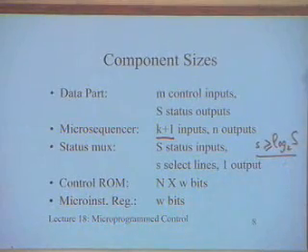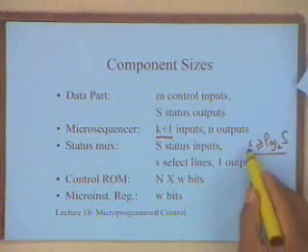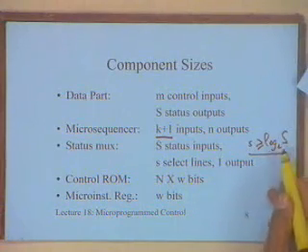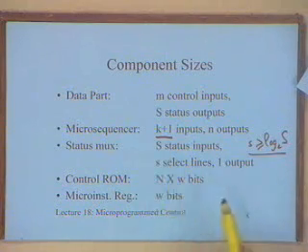That is the assumption that we are making, that between the small s and the capital S, I always consider the small s to be greater than or equal to log 2 of the capital S. So I need s select lines for the multiplexer to select one of the S status inputs and one output.